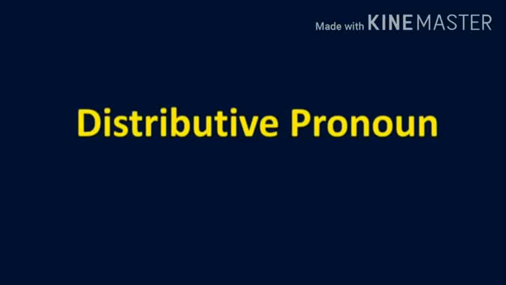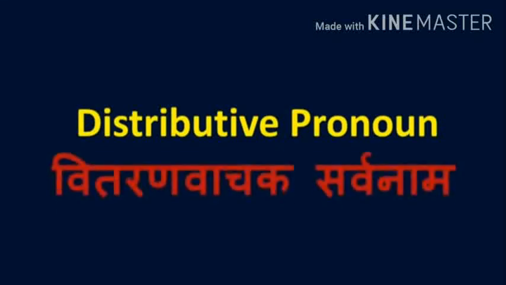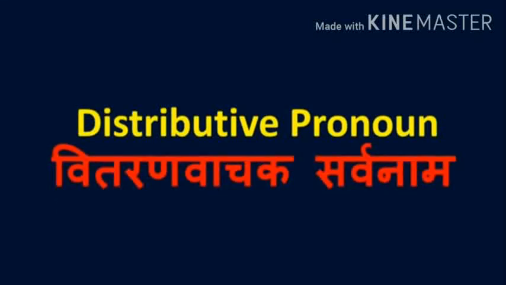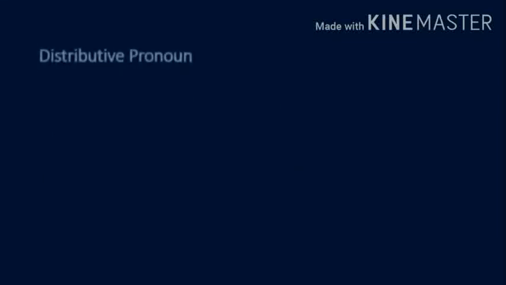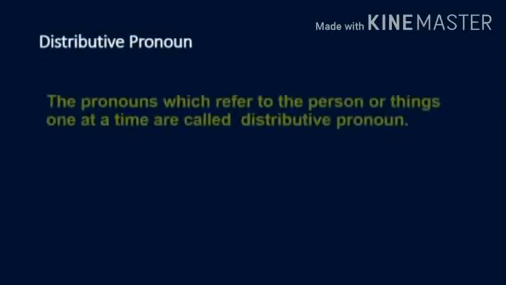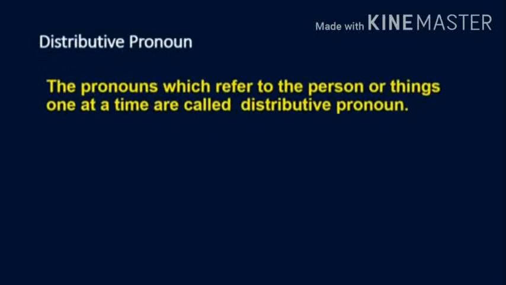Now, let's learn about distributive pronoun. What is a distributive pronoun? A pronoun which refers to the person or thing one at a time is called a distributive pronoun. A distributive pronoun talks about each noun present in that distribution.